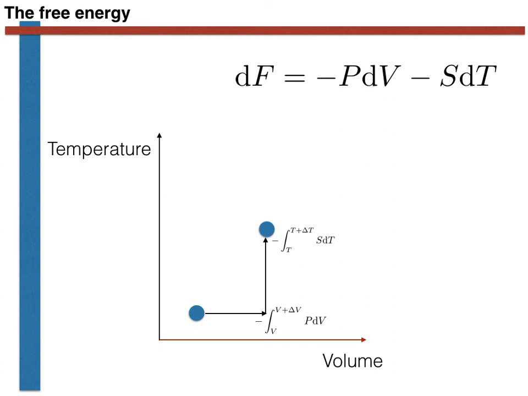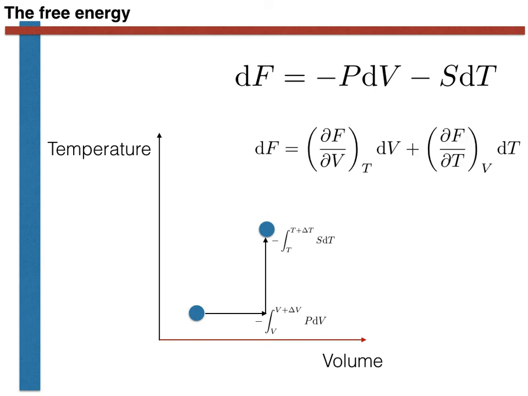This is just another way of understanding the expression that we derived on the previous slide that related an infinitesimal change in the Helmholtz free energy to infinitesimal changes in the volume and temperature. Remembering from the theory of partial differential equations that we can always write such infinitesimals as shown here, and equating terms allows us to connect the entropy with the partial derivative of the free energy with respect to temperature at constant volume, and the pressure as the partial derivative of the free energy with respect to the volume at constant temperature.